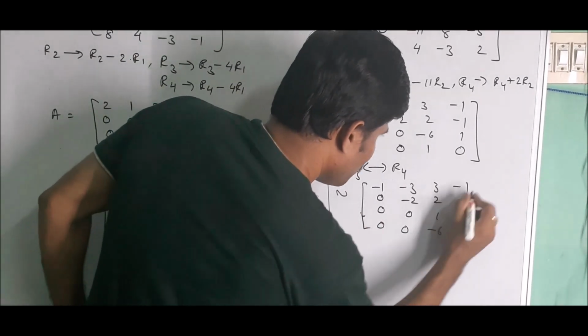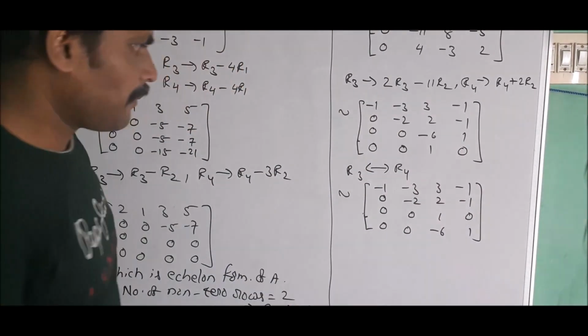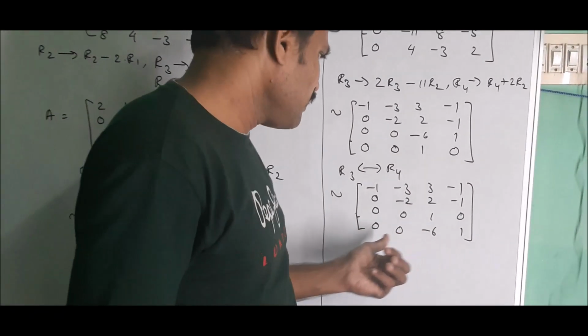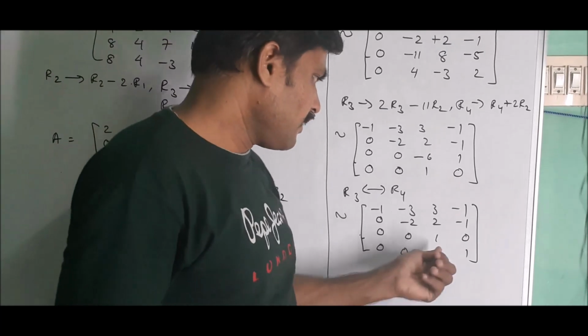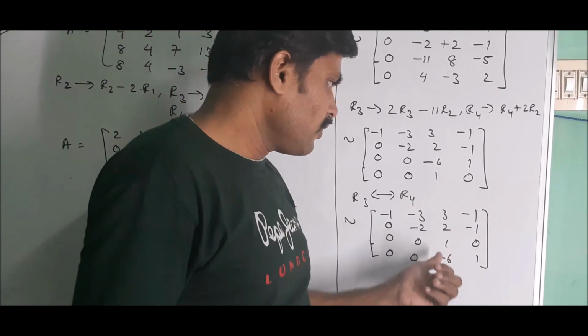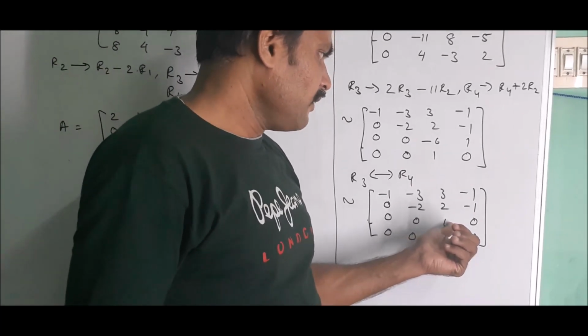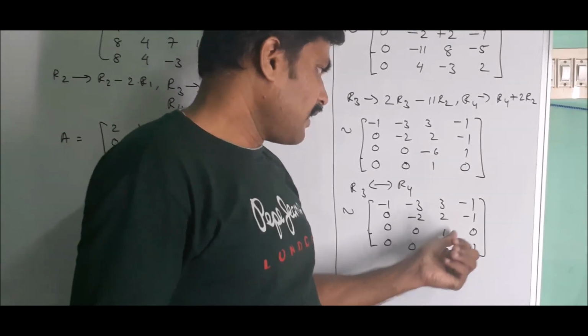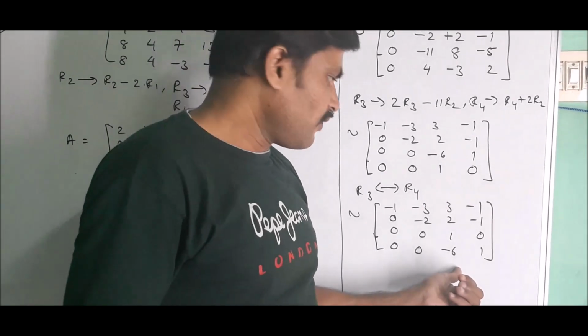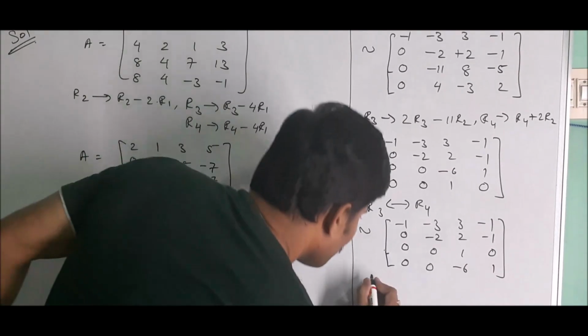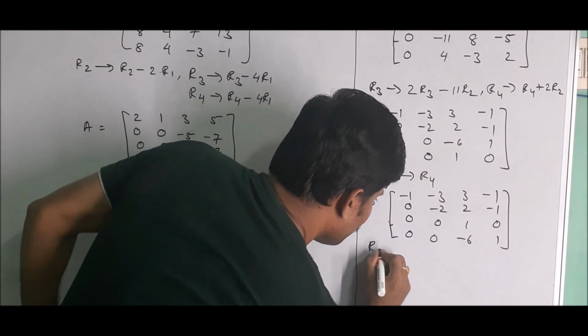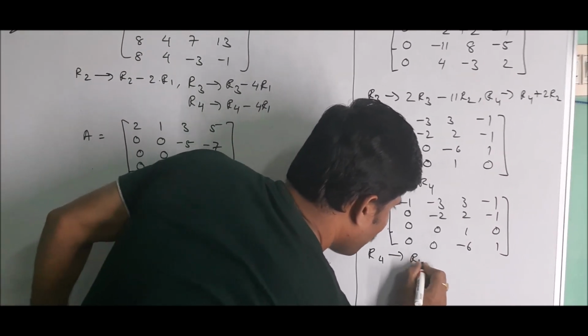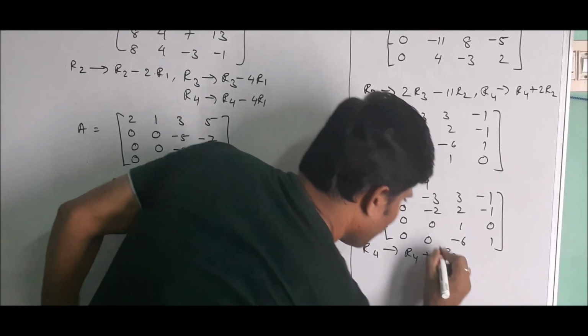Now this is the resultant matrix. Now we apply a row transformation to the fourth row to convert minus 6 into 0. Multiply by 6 and add the third row to the fourth. So R4 changes to R4 plus 6R3.